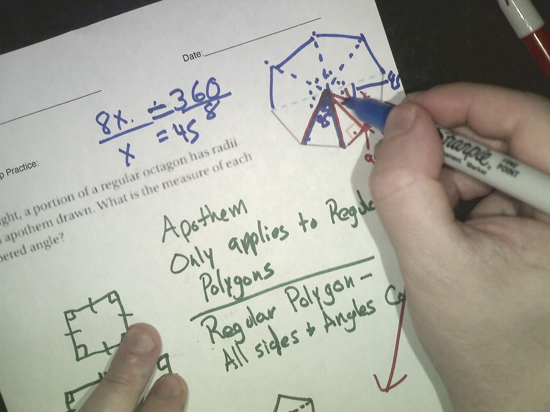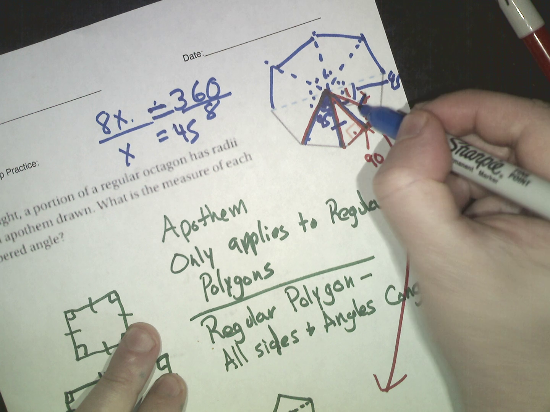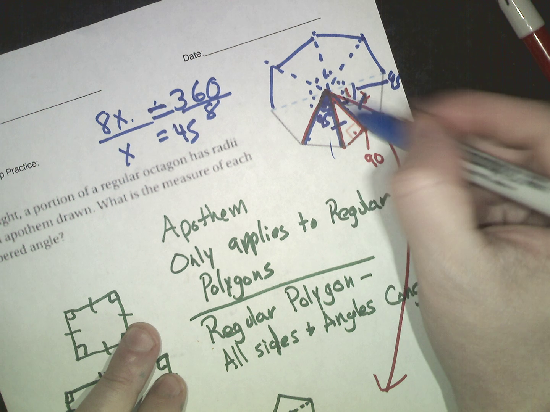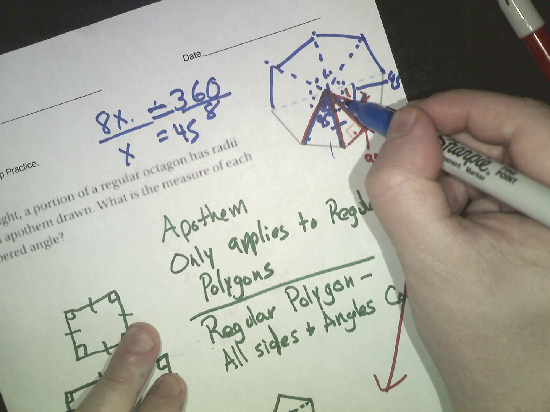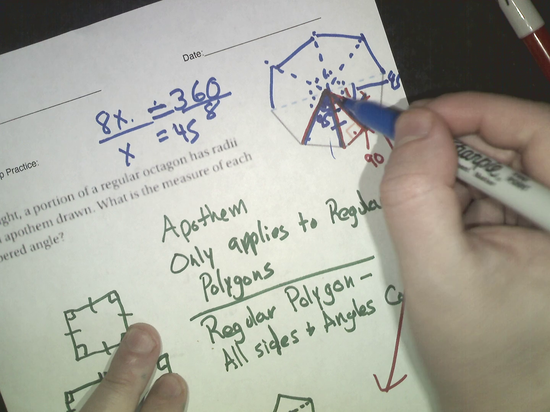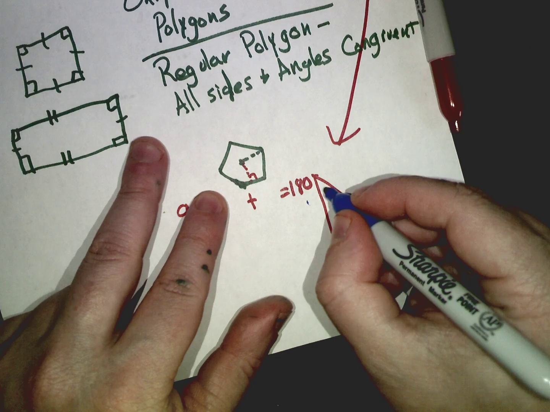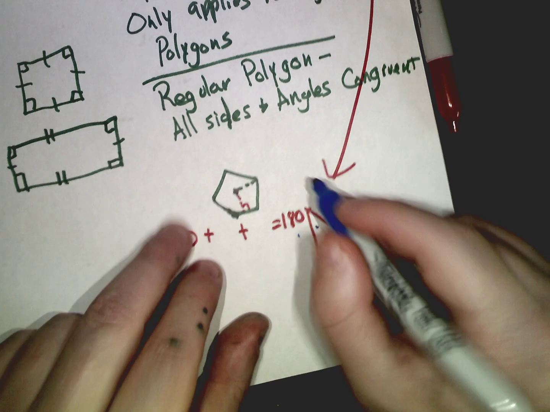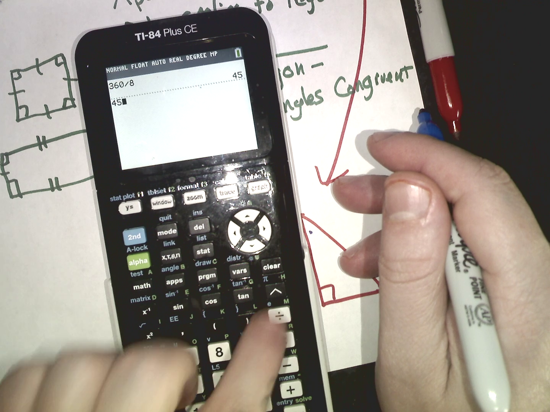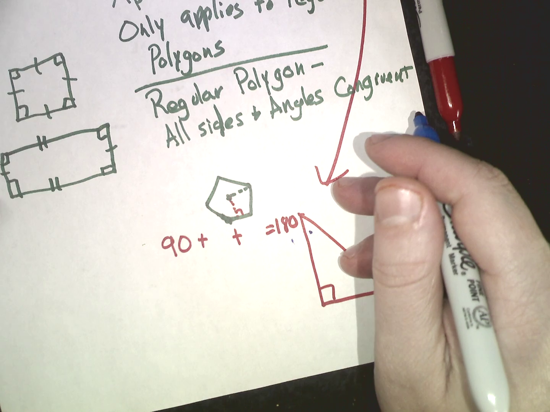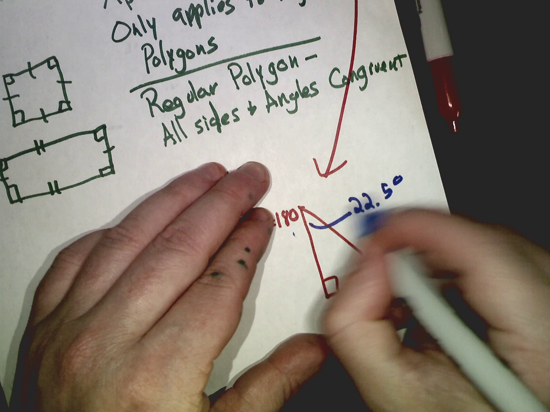Here, when you draw this, this red one is an isosceles triangle. So this cuts it in half, which means you're cutting this angle in half also. So 45 divided by 2 gives me this top one here, which would be angle 2. 45 divided by 2 is 22.5, so this angle measure is 22.5 degrees.